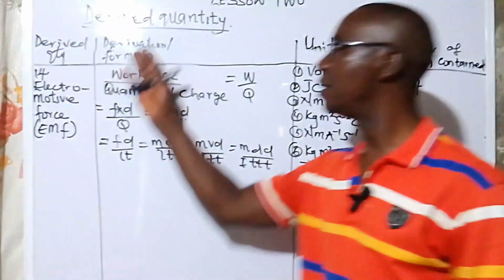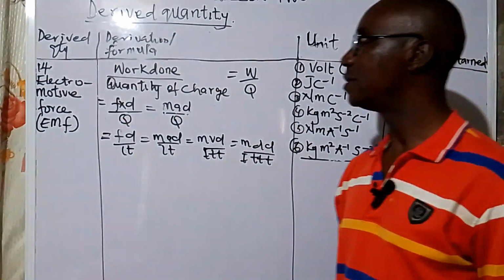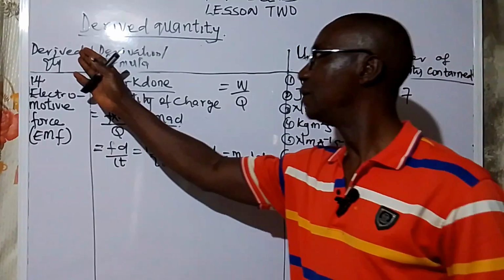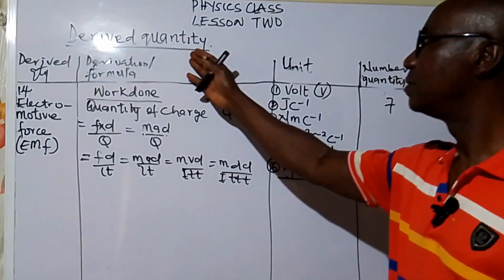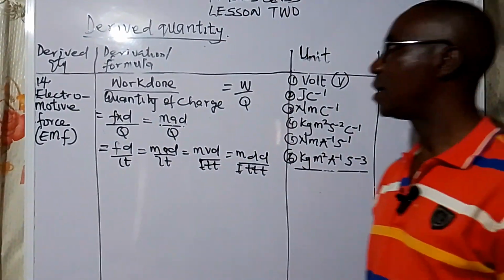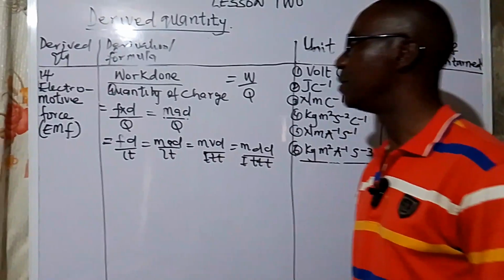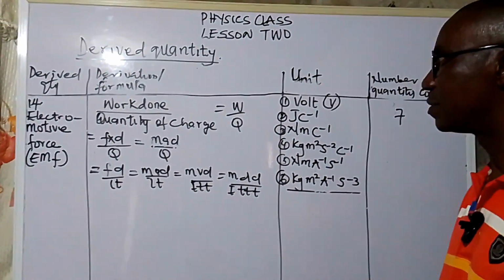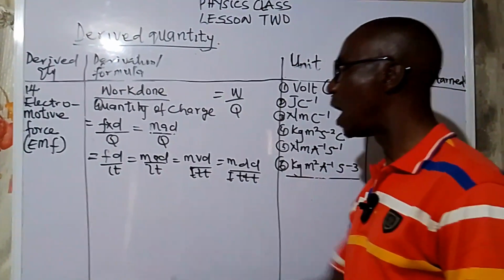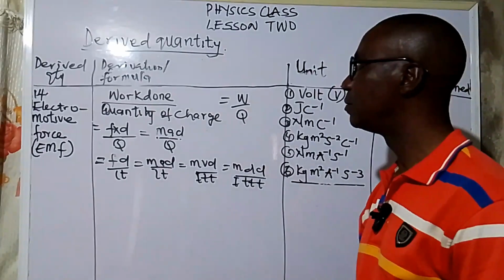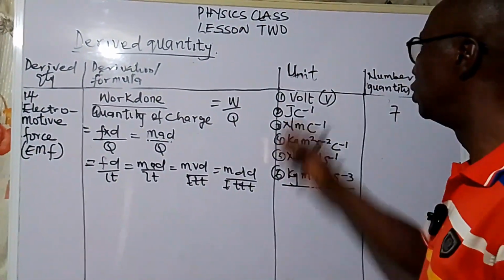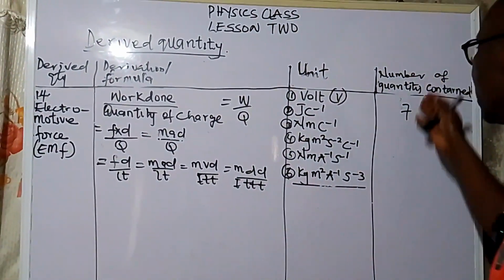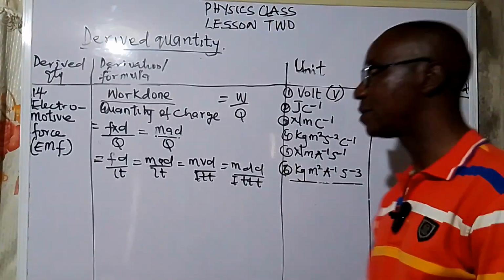Now, today again, you can see that we've looked at other examples of derived quantities and their derivation of formula, unit, and number of quantities that each can take.